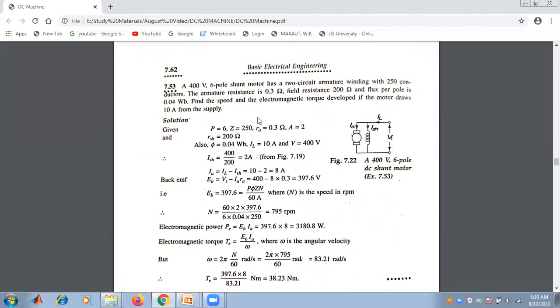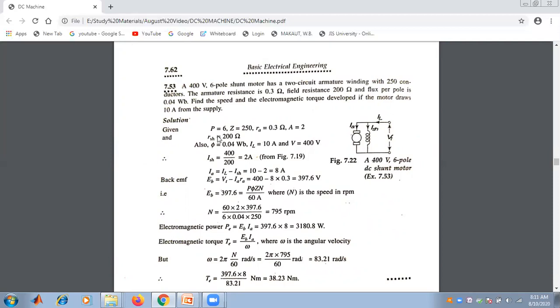The armature resistance is 0.3 ohm, field resistance 200 ohm, and flux per pole is 0.04 Weber. Find the speed and the electromagnetic torque developed if the motor draws 10 ampere current from the supply.